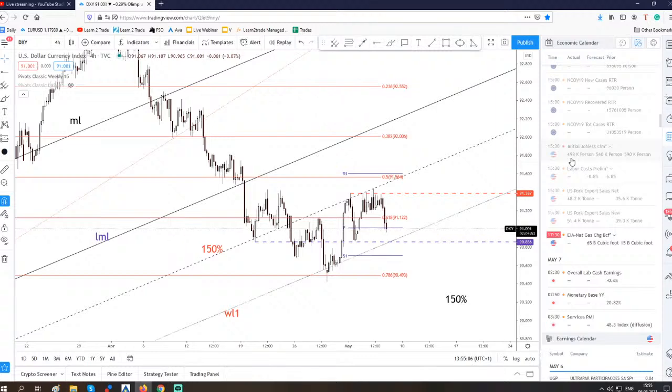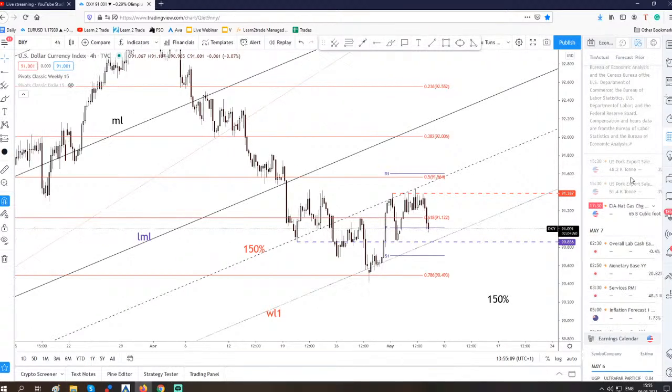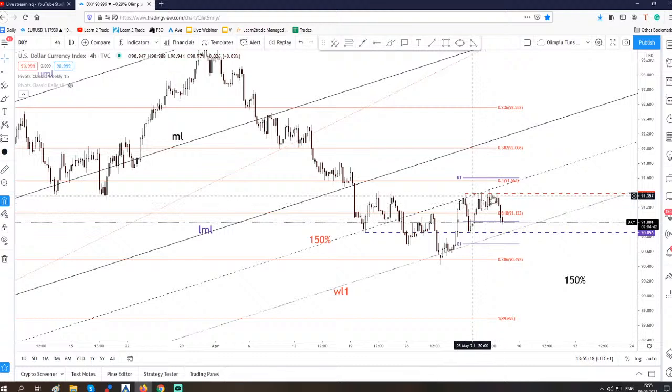So this is better than expected, and maybe the US dollar, the DXY, could increase a little here in the short term, but the bias is bearish after its failure here to register a valid breakout to validate a further growth.